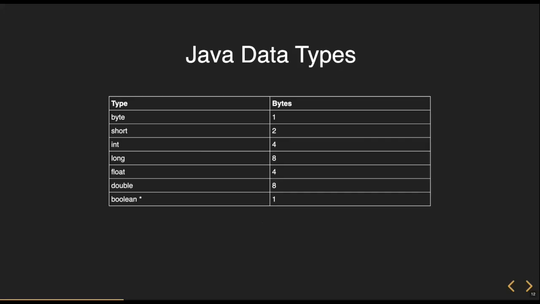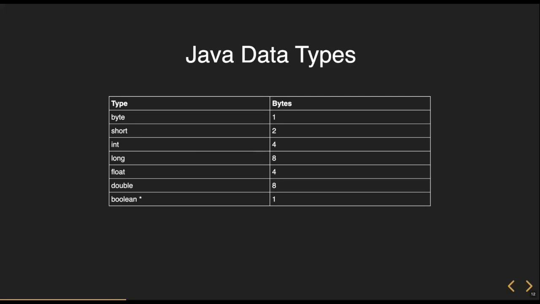Then you have the Boolean type. So the Boolean type always uses 1 byte of memory. But you could argue that it doesn't really need 1 full byte to represent true or false. And that is true. And there are some JVMs that allow some settings so that you can configure this type of optimization to have a more compact use of memory. So that, for example, if you had an array of 8 booleans, you could represent them each on 1 bit of a byte and then use up less memory.